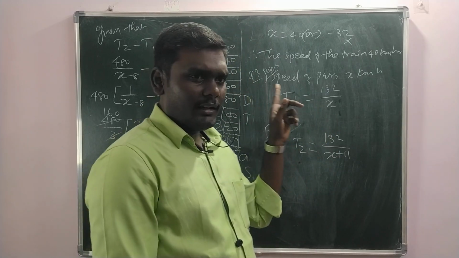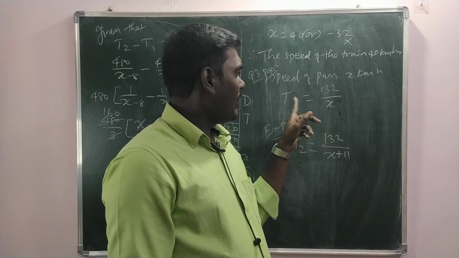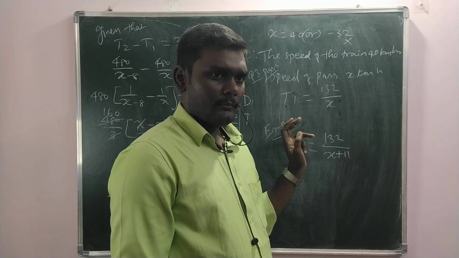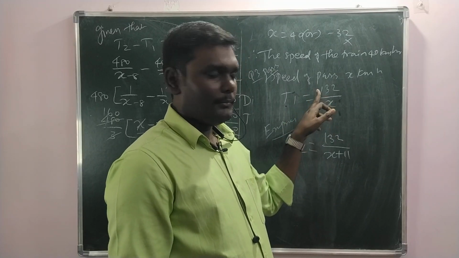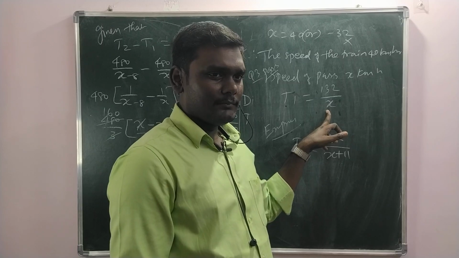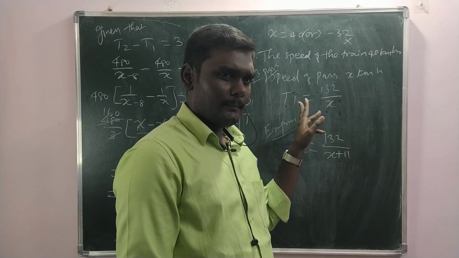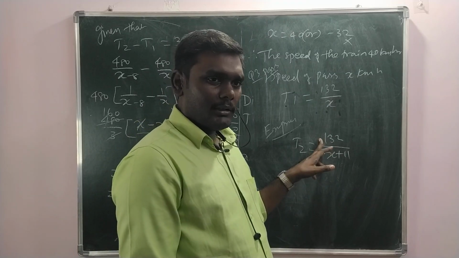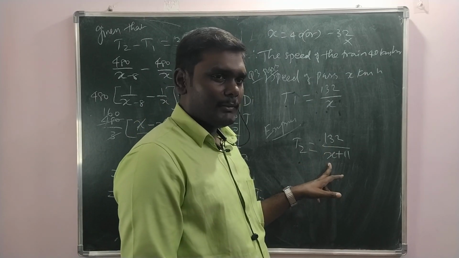Previously we did it, right. What is the time formula? Distance by speed. Distance is 132 km. Speed of the passenger train is x. Likewise, for the express train, distance is 132. Speed is x plus 11 km.